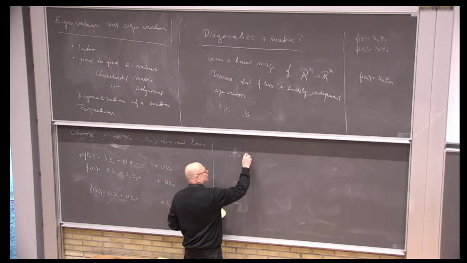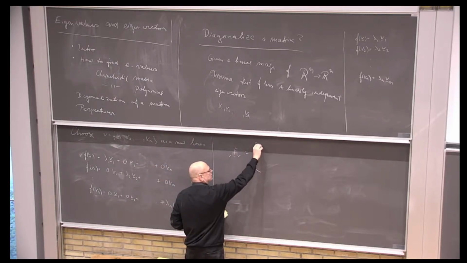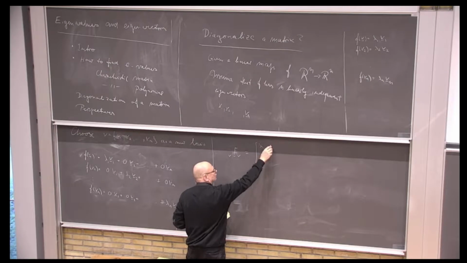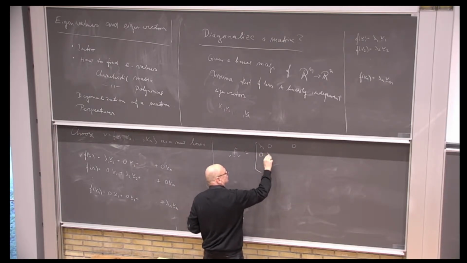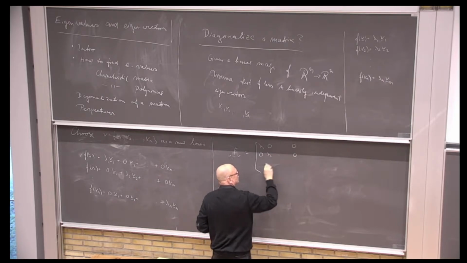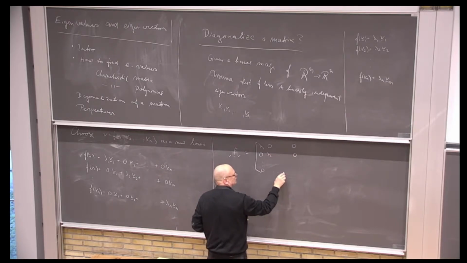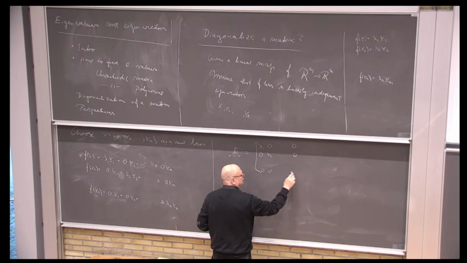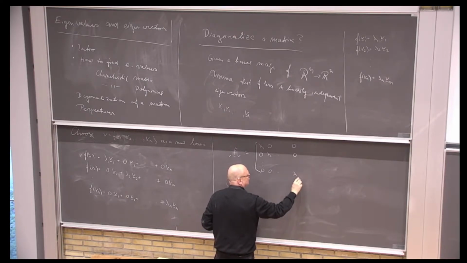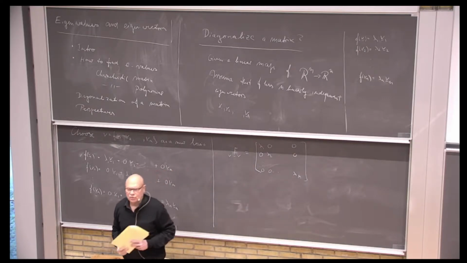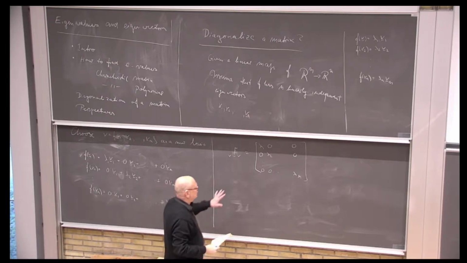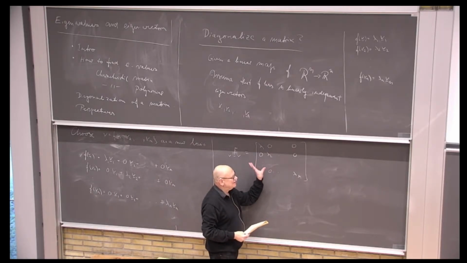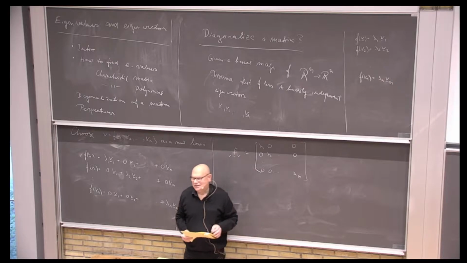This mapping matrix is simply lambda1, 0, 0, lambda2, and then 0, 0, 0, and then lambda n. So if I choose the eigenbasis, then I get this simple equation here.